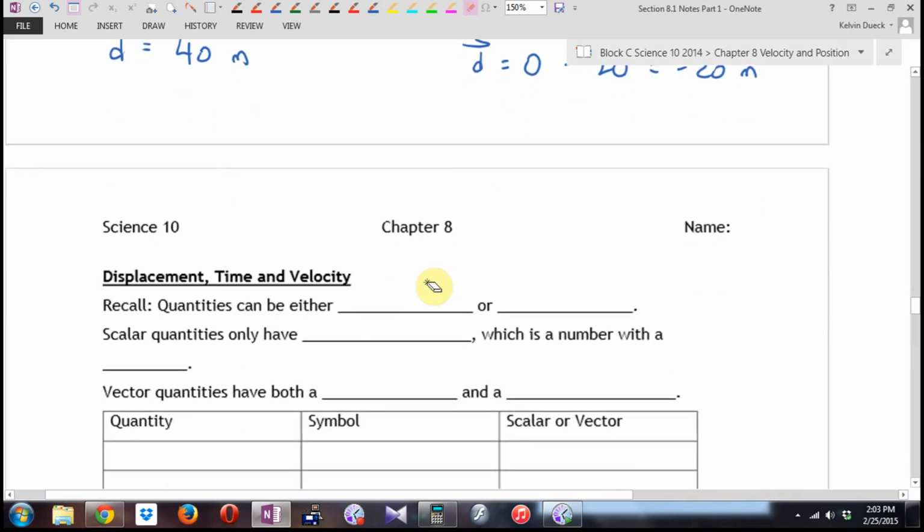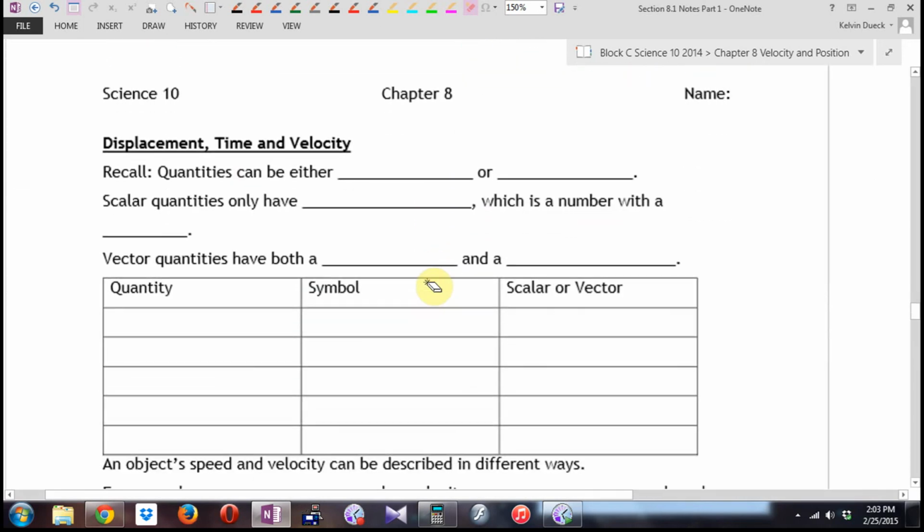Let's summarize here. Distance, time, and velocity. Remember we said, recall, quantities can either be scalars or vectors. Scalars only have, does anybody remember the word that I used here? It began with the letter M. It was a fancy word for size. Close. Mass is a scalar.